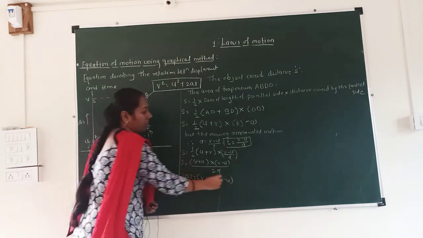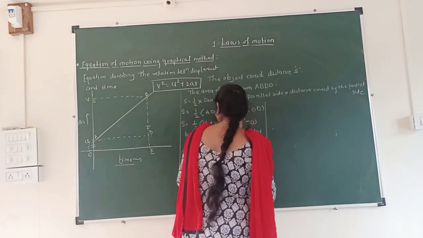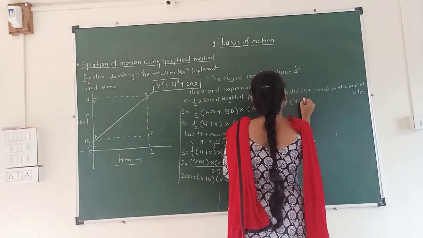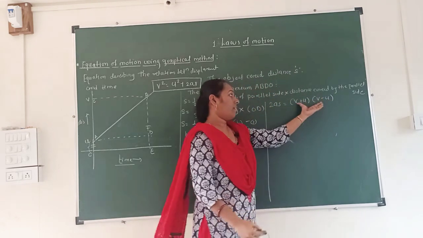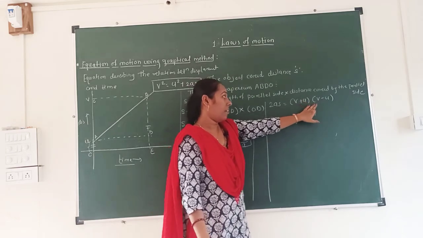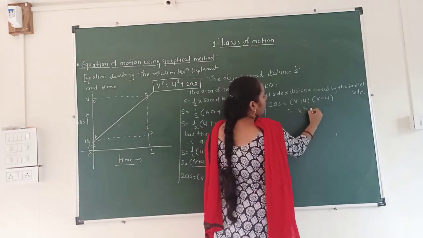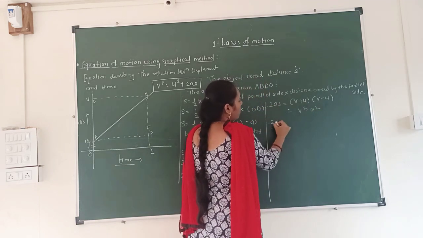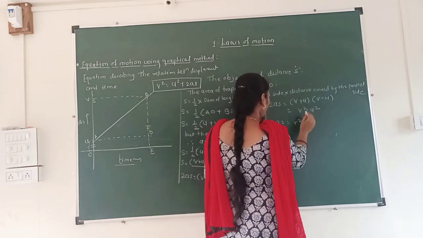All of you know that. I write here the equation: 2as is equal to v plus u and v minus u. All of you know that the product of v plus u and v minus u is equal to v square minus u square. Therefore the equation becomes 2as is equal to v square minus u square.